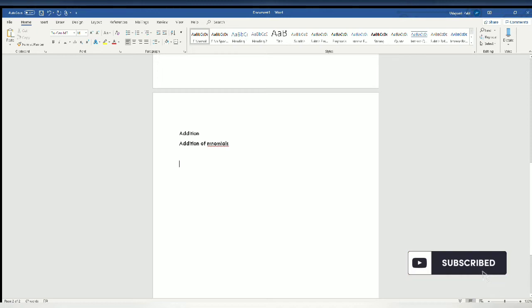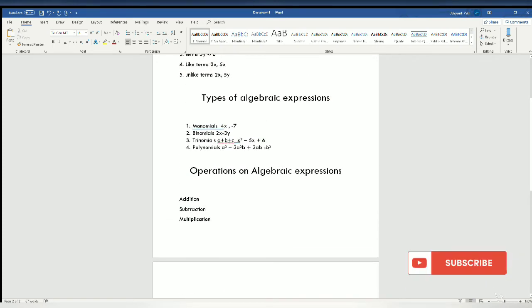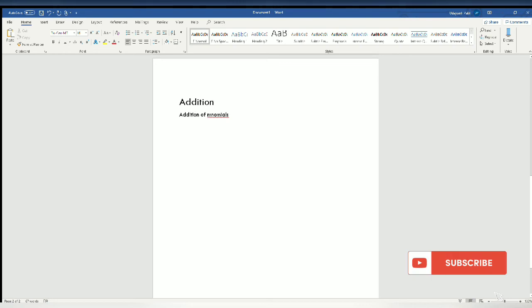Addition of monomials. So, as I showed you here, monomials means one term. So, for addition, we need two terms. So, we will take 4x minus 3x.